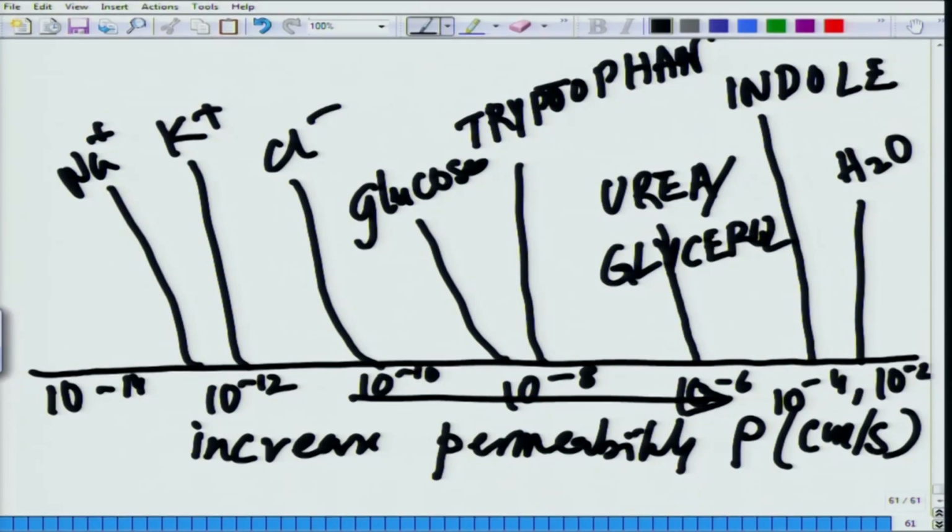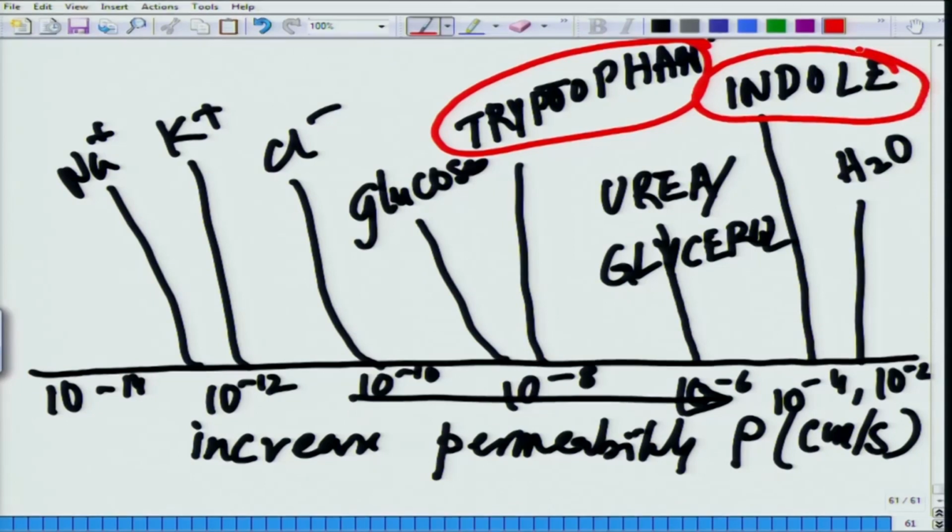Now, if you look at this figure, it raises a very simple question: how come tryptophan, which has a very similar structure as compared to indole, how come indole is more permeable as compared to tryptophan?